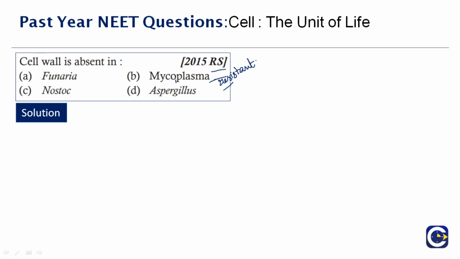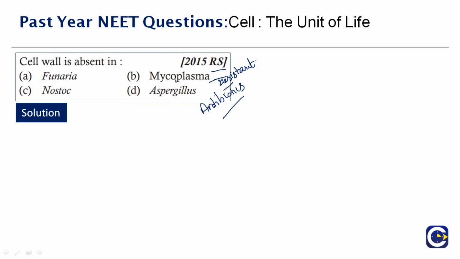But here the antibiotics will not work because they do not have a cell wall. So the antibiotics will go and attack the cell wall, but since they don't have one, the antibiotics' work becomes nil, and therefore it becomes resistant and attacks the human or the animals that it is under control. Therefore, Mycoplasma is resistant because it lacks a cell wall.